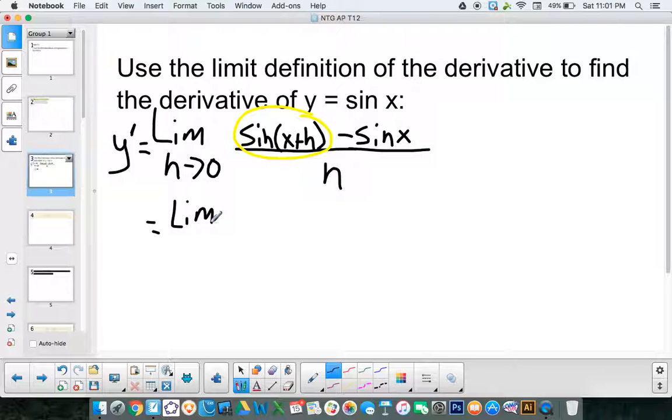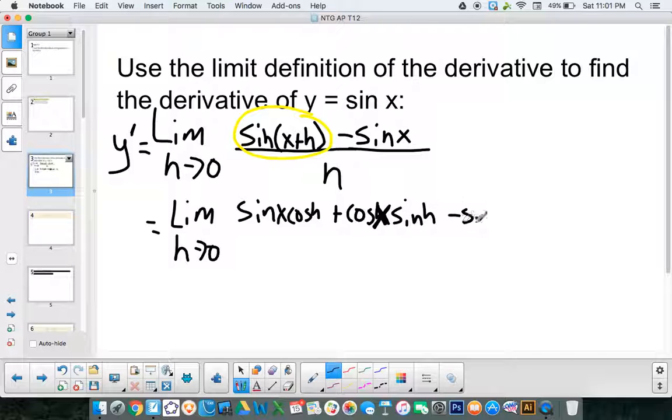That simplifies, it's an angle addition formula. That simplifies to sine of x cosine of h plus cosine of x, sorry, that's a funny looking x. Cosine of x, sine of h, minus sine of x, still all over h.